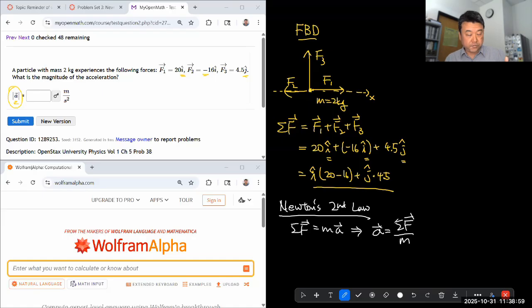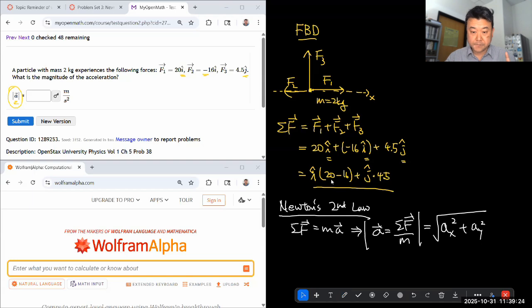I think I can do the rest of this in a calculator, because for the magnitude that I want, I just need the x component squared plus the y component squared, square rooted, from the Pythagorean theorem.